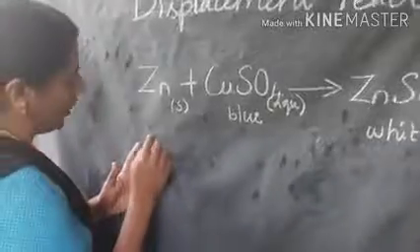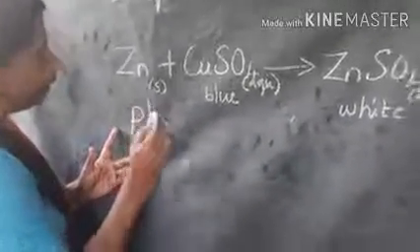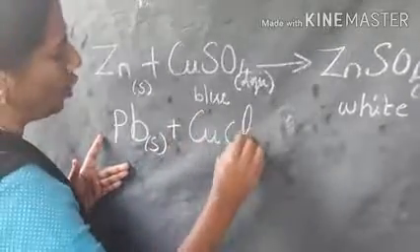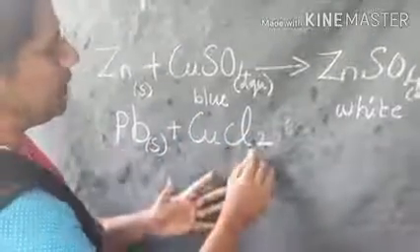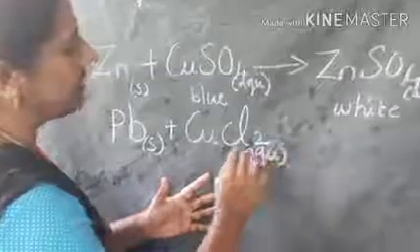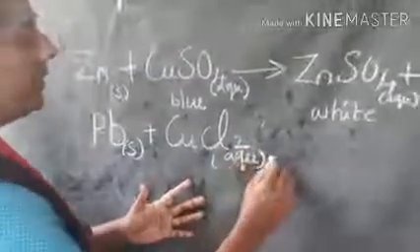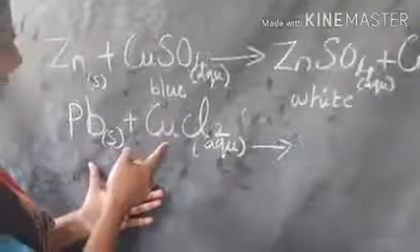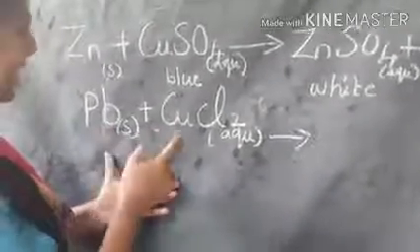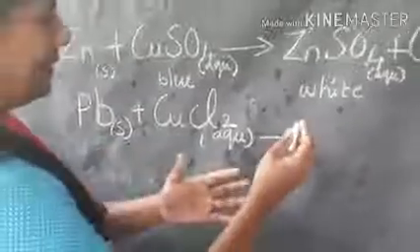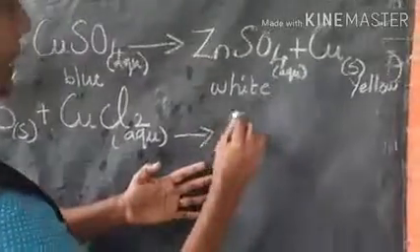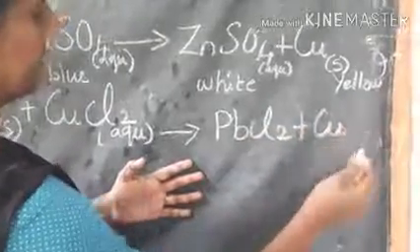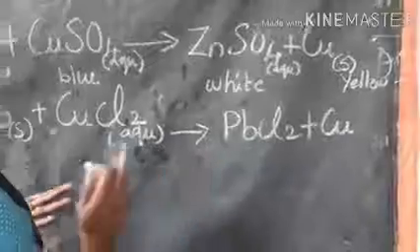Another example also, let me write. Lead, you know, Pb, solid form, and copper chloride. It is also blue color. It is in aqueous form. Aqueous form is the salt in water. Here also, lead is a more reactive element than copper. So, it displaces. Here, lead chloride and copper are formed.